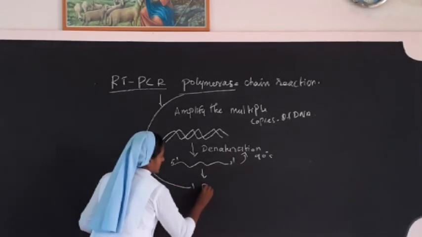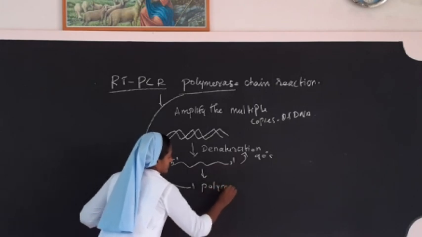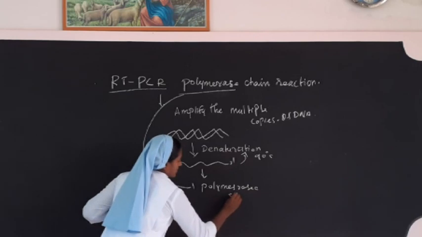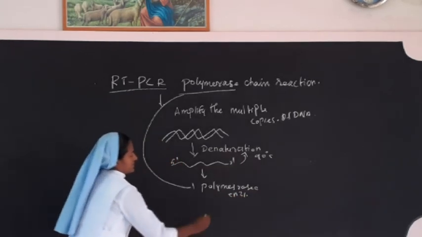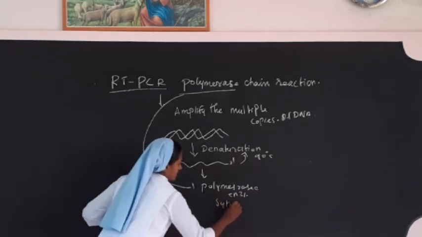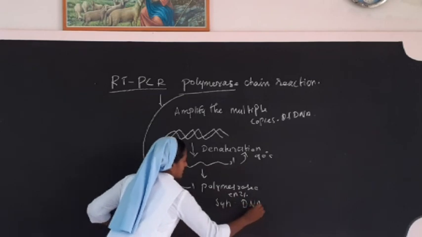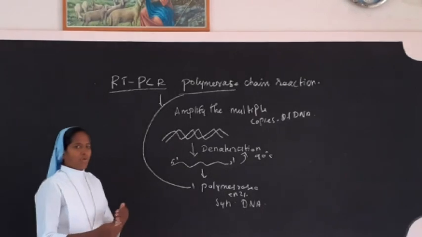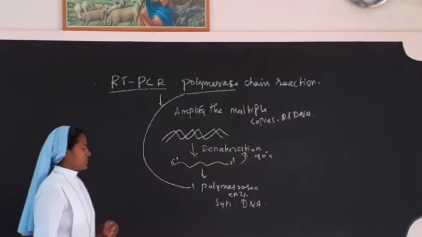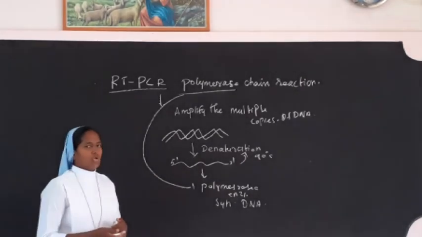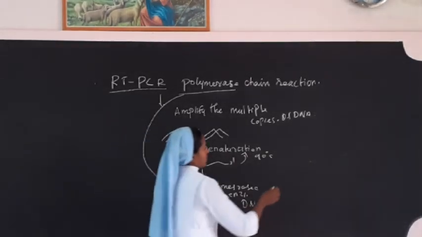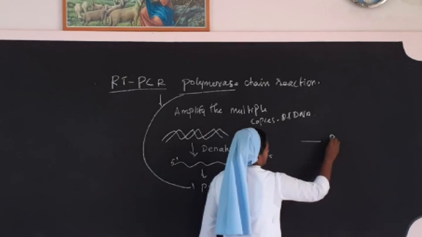How is it possible to synthesize DNA? With the help of oligonucleotides. What does oligonucleotide mean? It is a primer, short sequences. We call it primer.